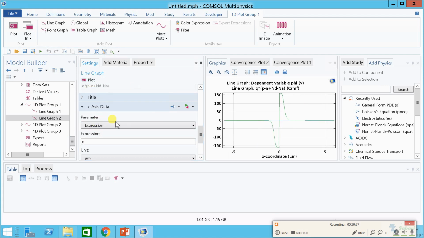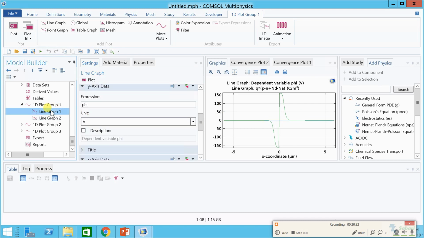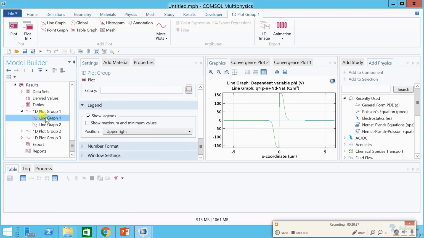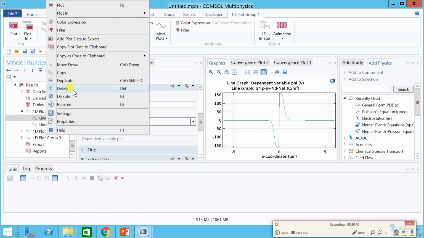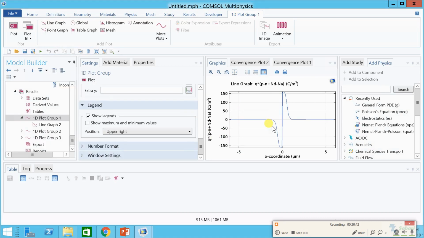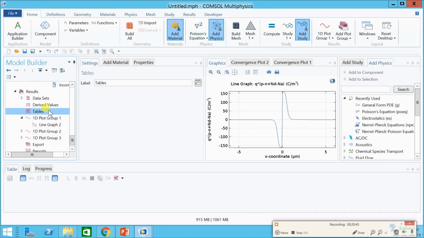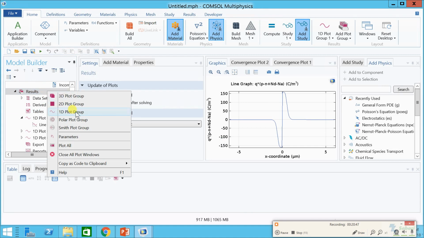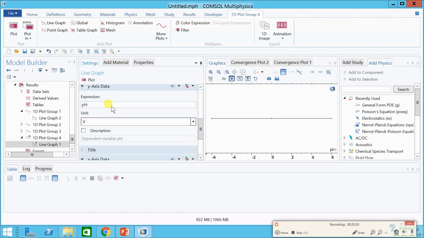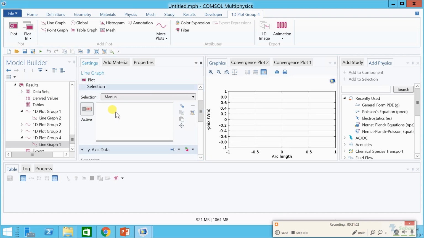And this is graph 1. This is the space charge region, and now I'm going to add another one, and I'm going to calculate the electric field. Electric field is nothing but phi x, and I have not selected the path, so I'm not getting any graph.